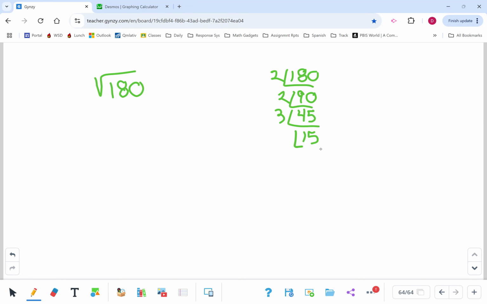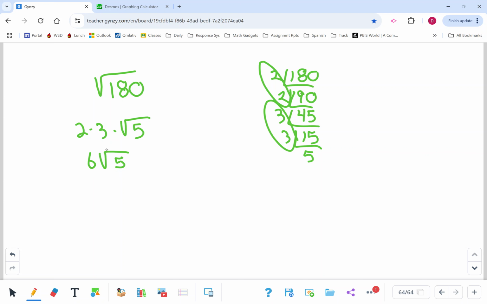Does that divide by 3? Yes, you get 5. 5's prime, so I'm done. So here's my pair of 2's. Here's a pair of 3's. That means I'm going to have a 2 and a 3 outside and a 5 back inside the square root sign. So I end up with 6 square root 5.